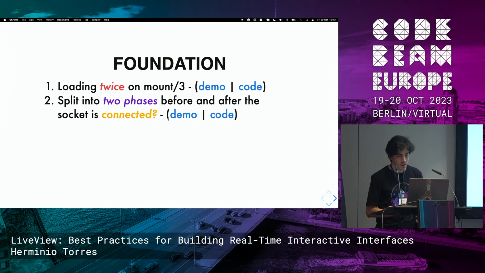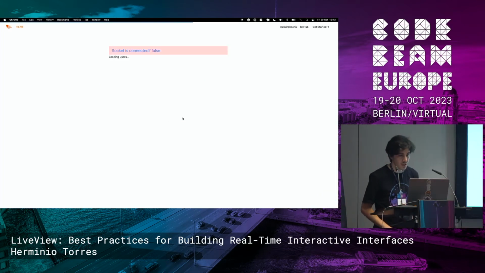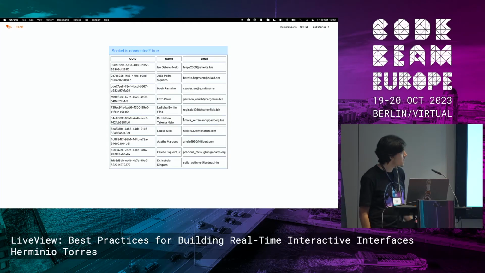Here, it's a better improvement, but it's not the final result. And here, as you can see, I have a placeholder. I could use a different thing, but I just put in a text message to explain to the users I'm just waiting to load the users. After I have access to that resource, I can assign it in the socket.